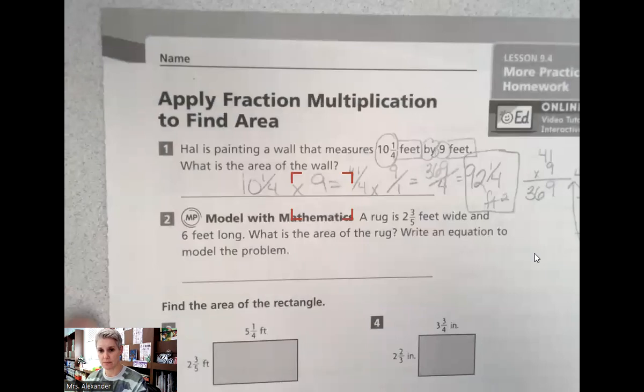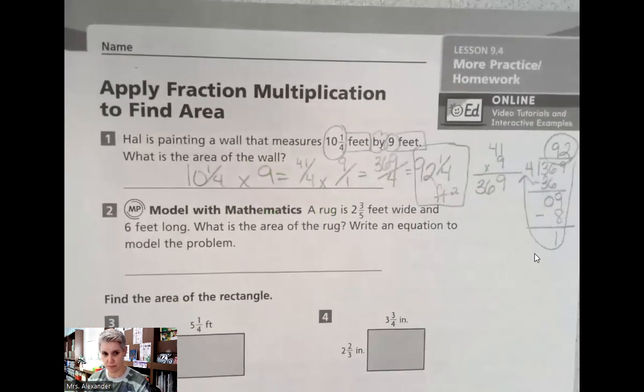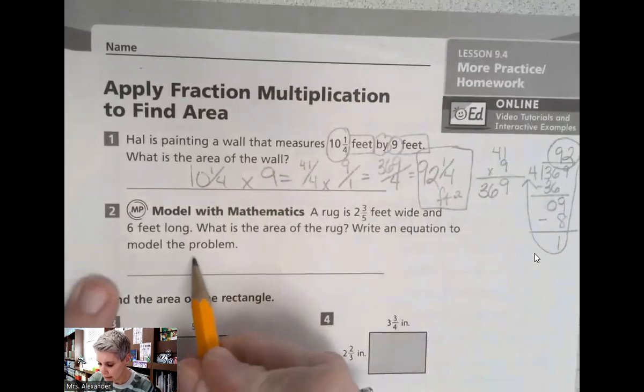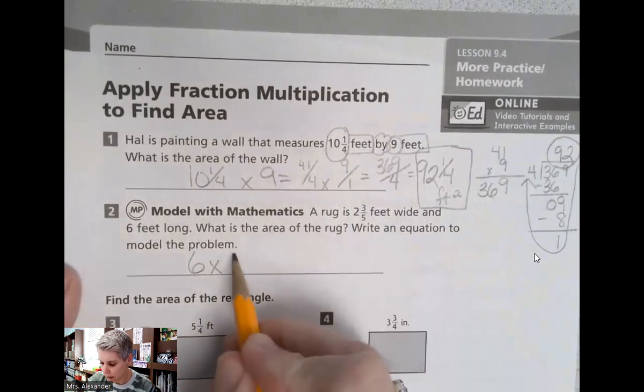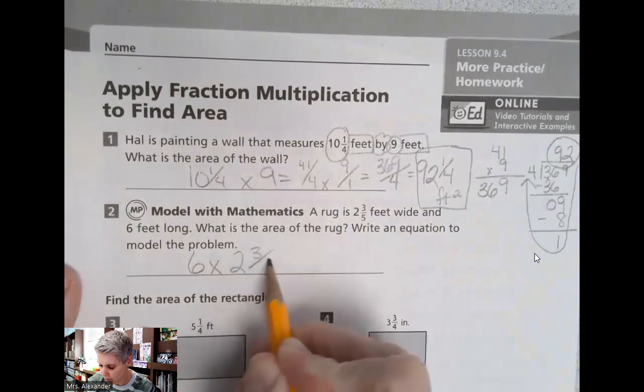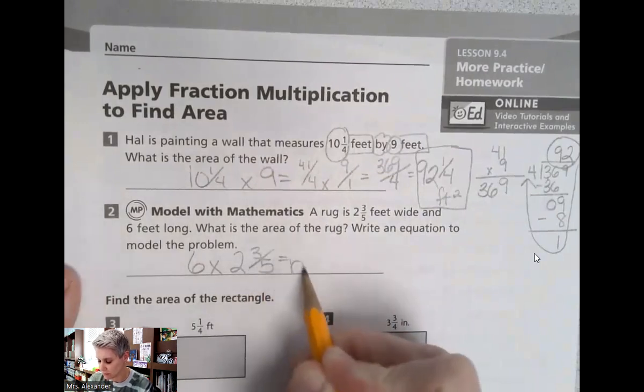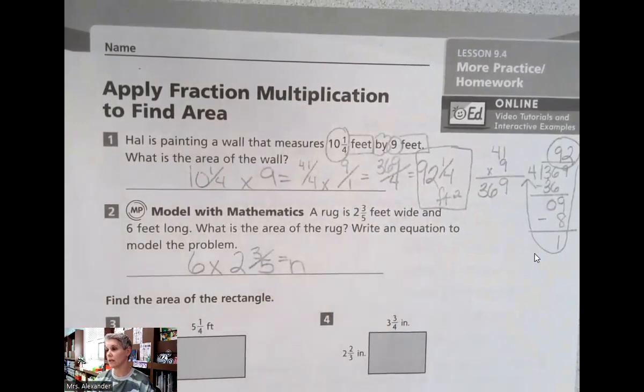So this one, I want to do a little bit differently. So I know it is 6 feet long. That's my length. And my width is 2 3/5. There's the easy part. There's my equation. Equals n. I want to try the distributive method for this one because I have a whole 6.